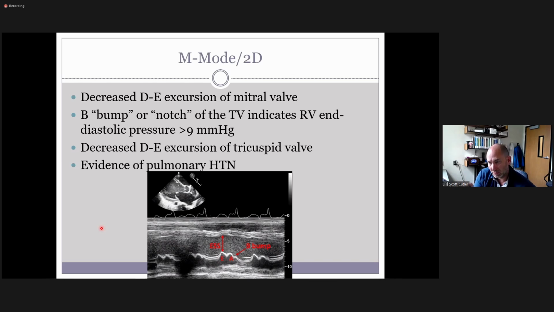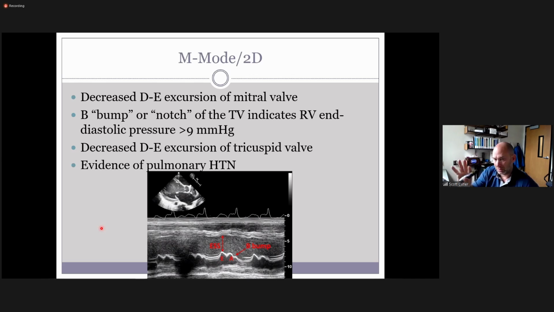So this particular note was, if you see that B bump or the notch of the tricuspid valve, you could have end diastolic pressures above 9. The picture is a mitral valve. That definitely has it, but what it indicates is that the atria relative to that valve that you're looking at has elevated pressures.